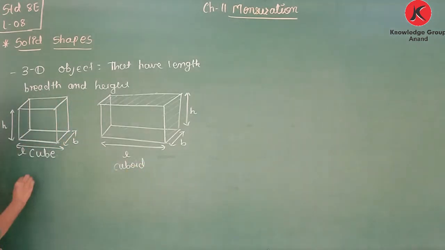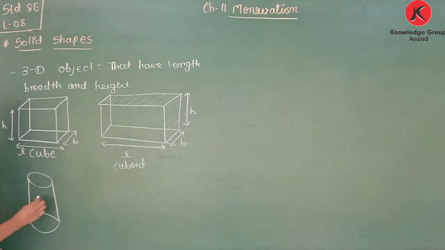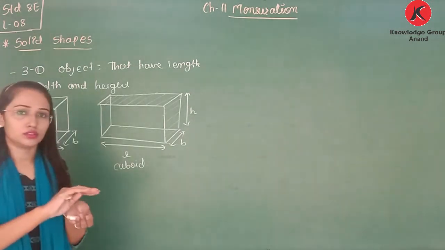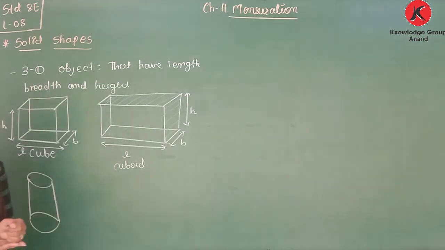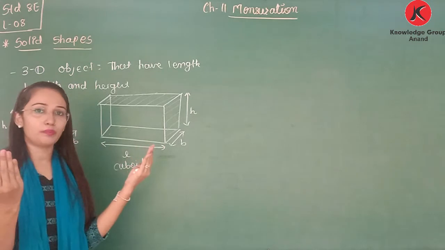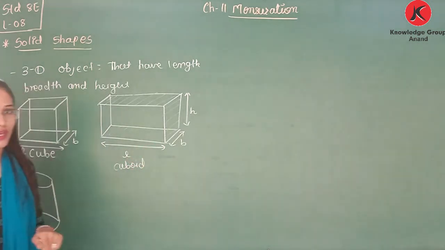Then we learned about the cylinder. Cylinder means the top and bottom surfaces are circular and this is a rectangle. If we take any paper and fold it in a circular way, then the top will be a circle, the bottom will be a circle, and if you open that page, then it will be a rectangle or square.